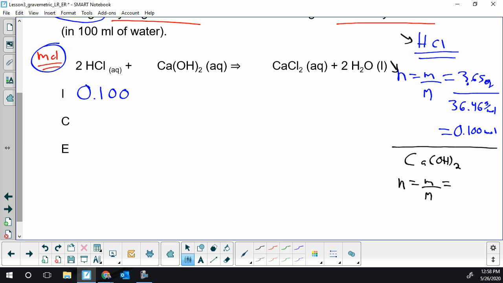So calcium hydroxide was 5.56 grams divided by its molar mass, so 1 calcium, 2 O's, and 2 H's. 75.09 grams per mole. We get 0.0750 moles.